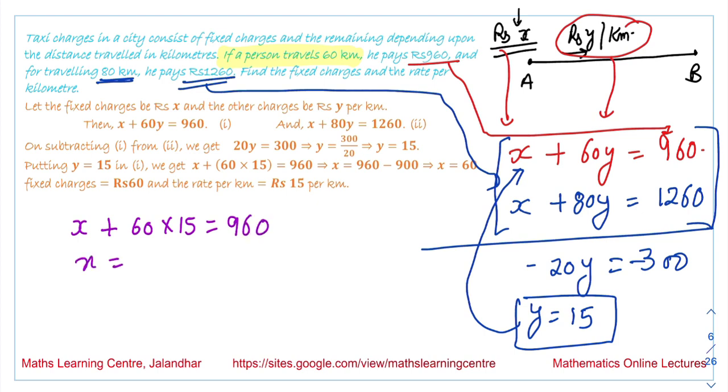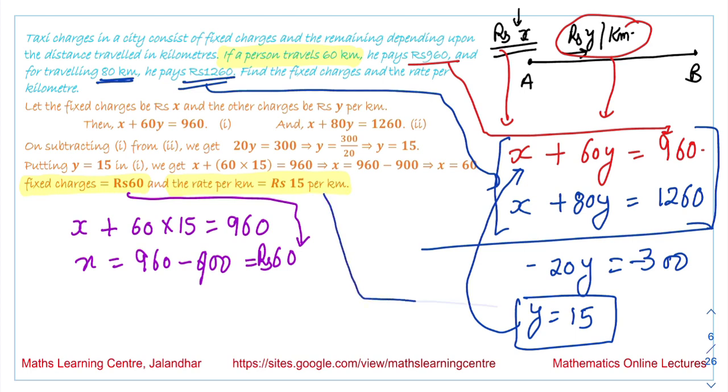So the value of x is 960 minus 900, that is rupees 60. So the fixed charge is rupees 60 and the rate per kilometer is rupees 15 per kilometer.